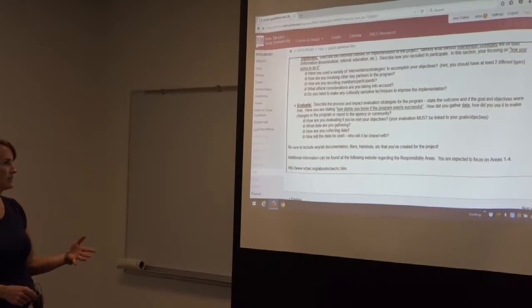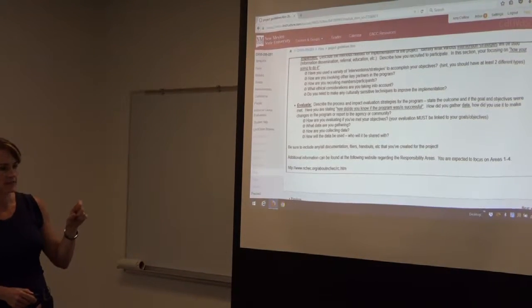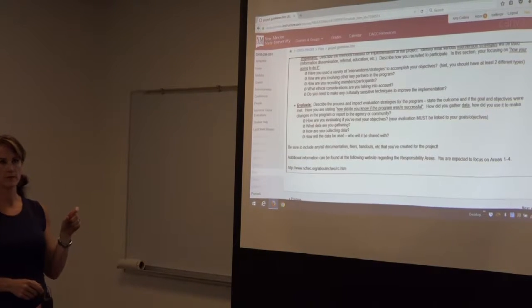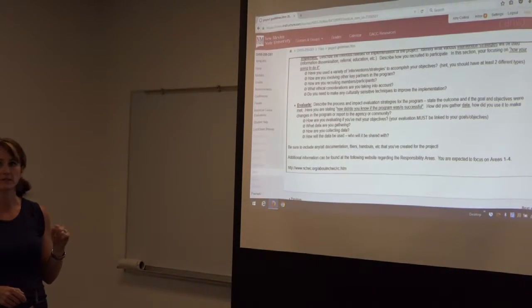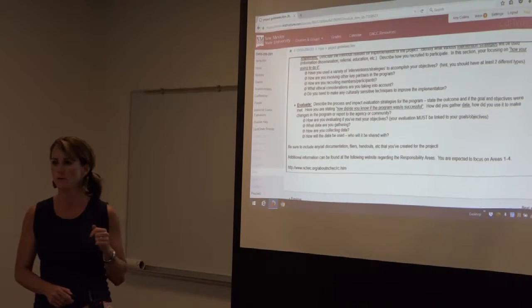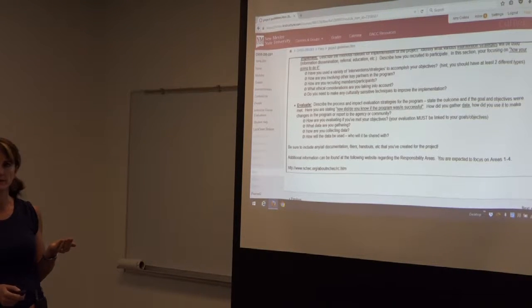So let's use my example again of the workshop for the parents. And we said that the goal was to increase their awareness of the flu vaccination schedule by 10%. So let's say, how are you evaluating if I've met my objectives? Well, if my objective is to increase awareness by 10%, I first have to find out, how will I know 10%?